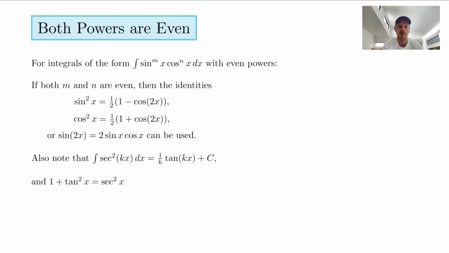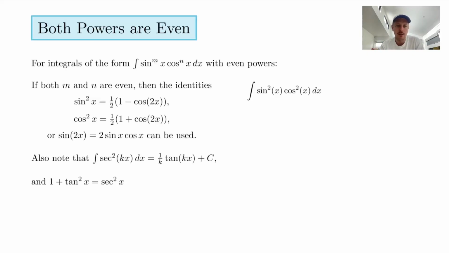That's our little cheat sheet of things we might need. Now we'll do an example: sin²x cos²x dx, and our job is to find the antiderivative of that, so that we might be able to find definite integrals of that function, and then we'll look at a picture.